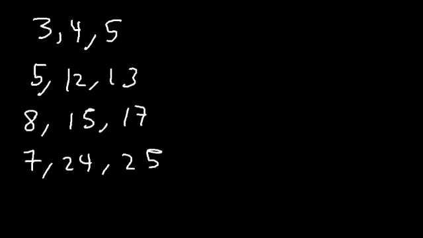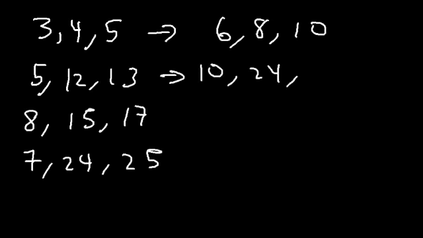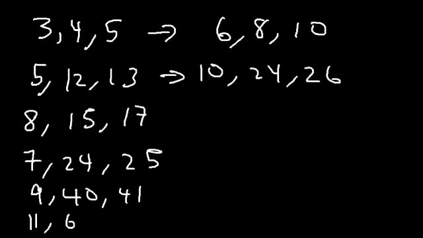You may also see any ratios of these special triangles. For example, 6, 8, 10 works as well because that's a multiple of the 3, 4, 5 triangle. 10, 24, 26 also works. And there's some other ones like 9, 40, 41, and 11, 60, 61.